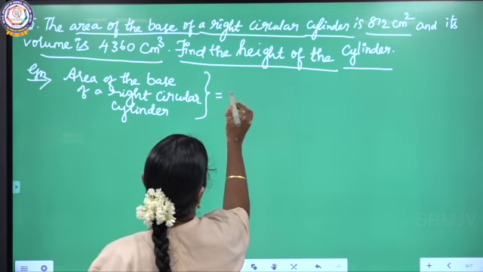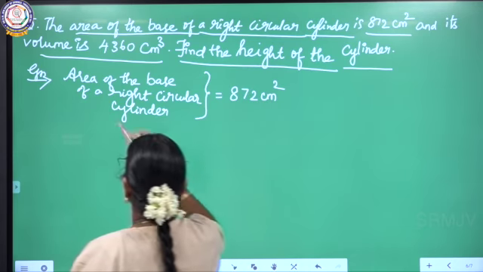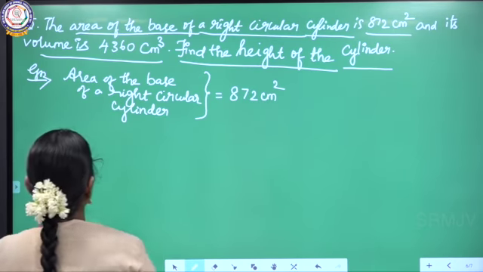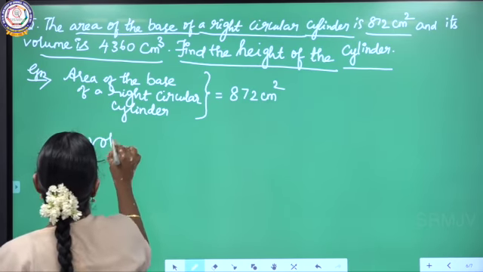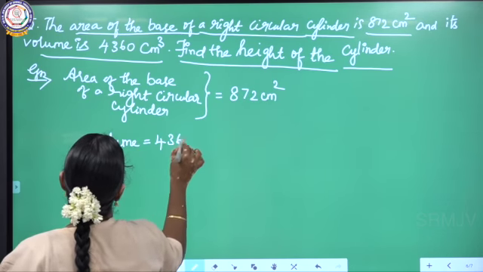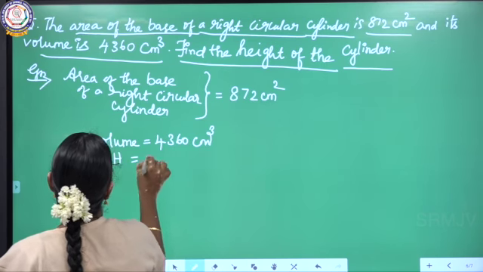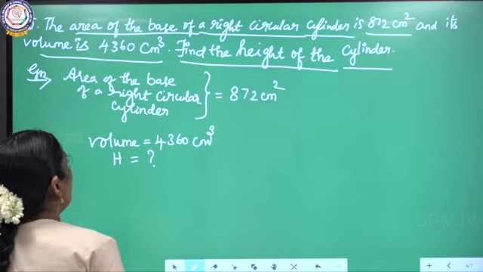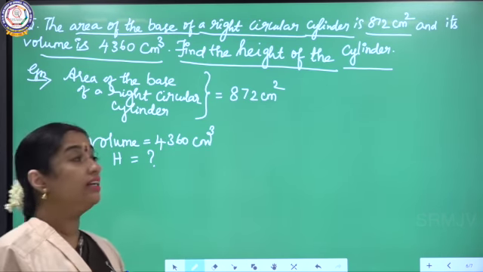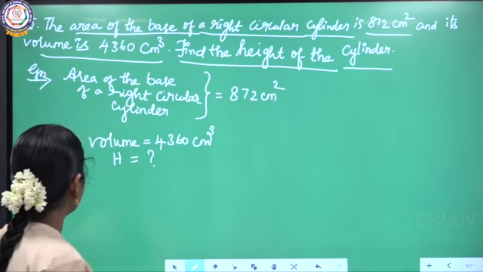What is there? They are given the 872 centimeters square. This is given in the question. And also the volume is what? 4360 centimeter cube. I am going to find out the height of the cylinder. Can you clear this? Shall I do this sum?